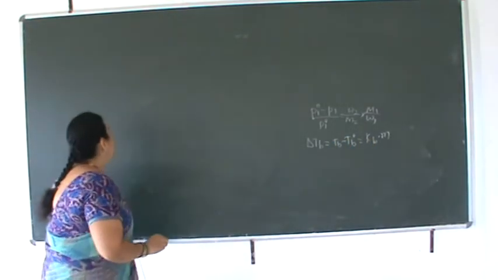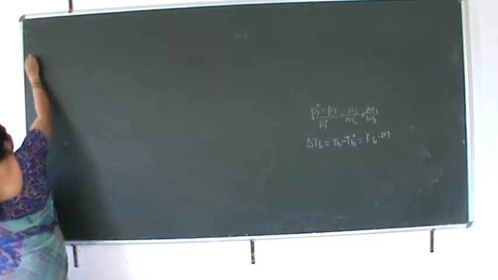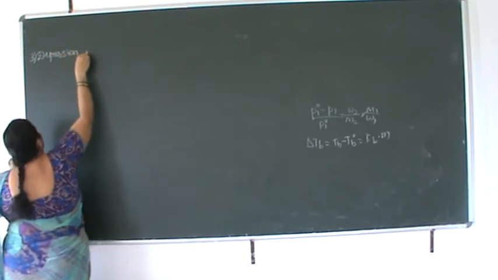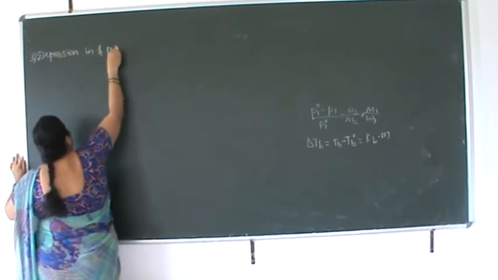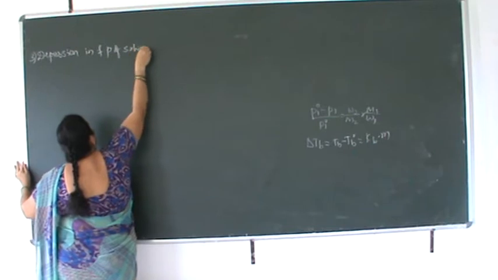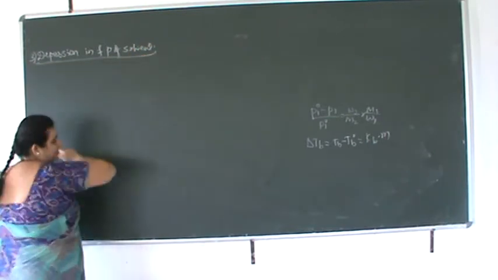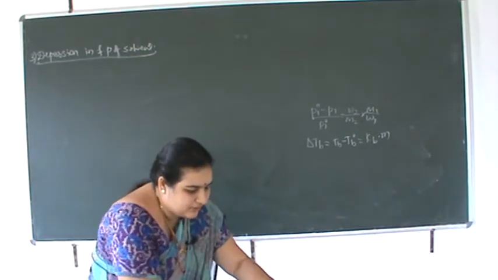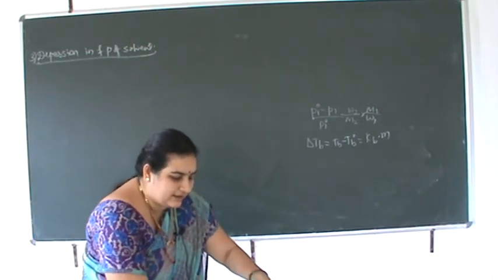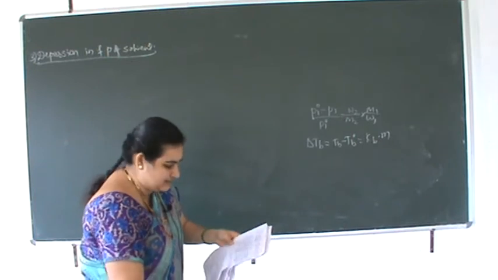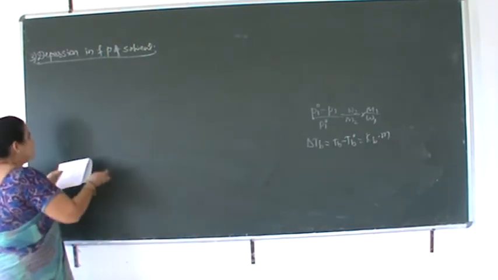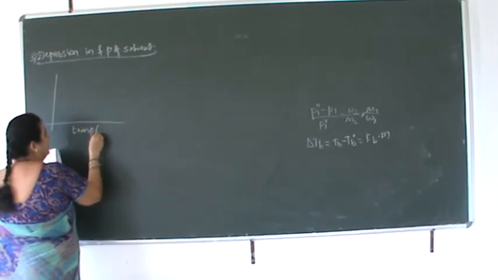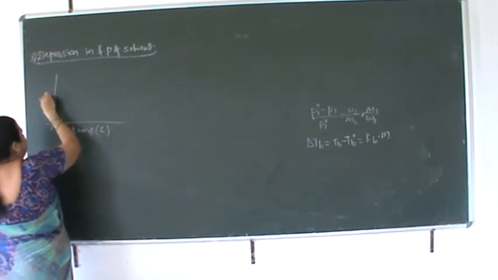Now the third colligative property will be depression in freezing point of solvent. So for the depression in freezing point of solvent, I will draw a graph. That is, a vapor pressure versus temperature graph. Temperature in Kelvin and vapor pressure.